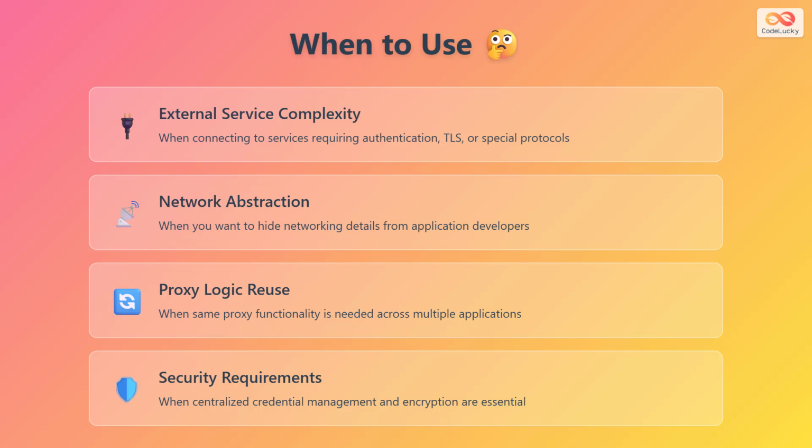The pattern shines when you need to reuse the same proxy functionality across multiple applications, ensuring consistency and reducing maintenance. It's also essential when you have strict security requirements and need centralized credential management and encryption. However, consider that the ambassador adds a small amount of latency, so evaluate whether this trade-off is acceptable for your use case.